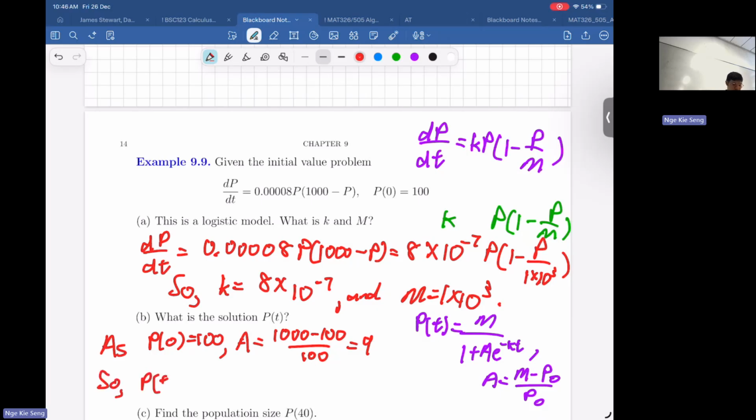So your pt is m, which is 1000, over 1 plus 9 times e to the minus, what's your k? k is 8 times 10 to the negative 7. Kind of ugly, but this is your solution.